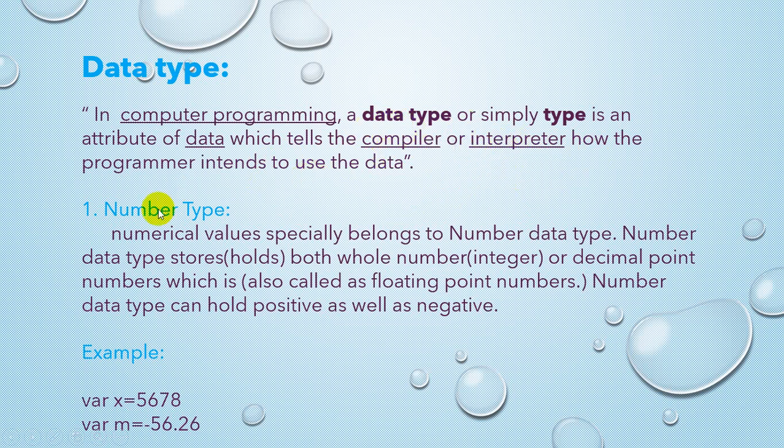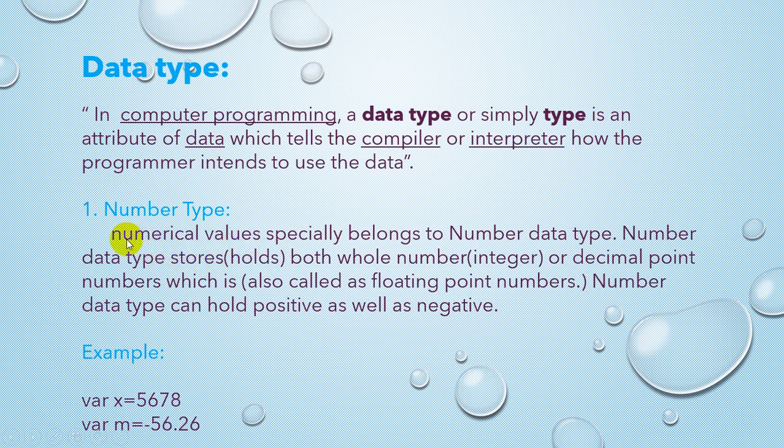So the first thing is the data types of JavaScript. Every language supports data types and they have named them differently. In JavaScript the first data type is number. The first one is the number data type, or simply you can say number type, or only number. Which type of data comes in the category of the number data type?